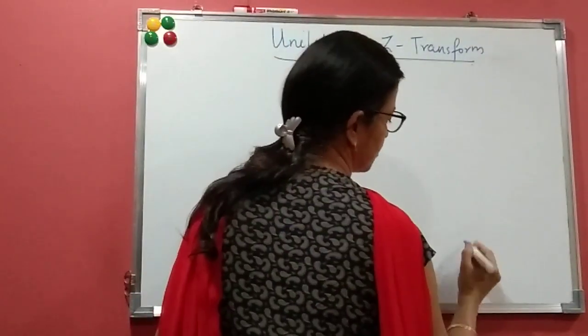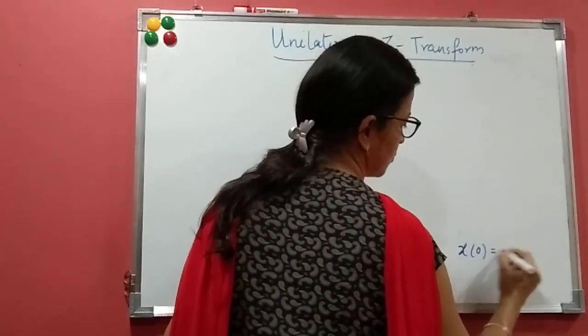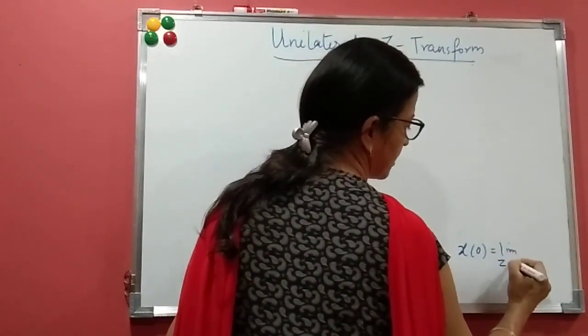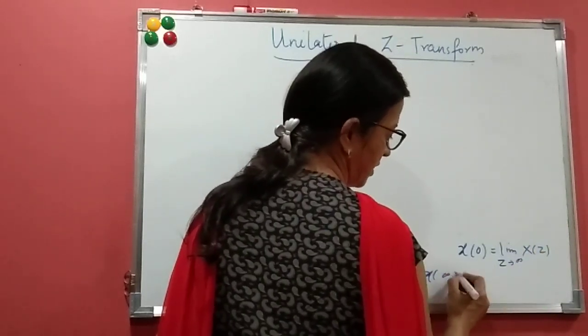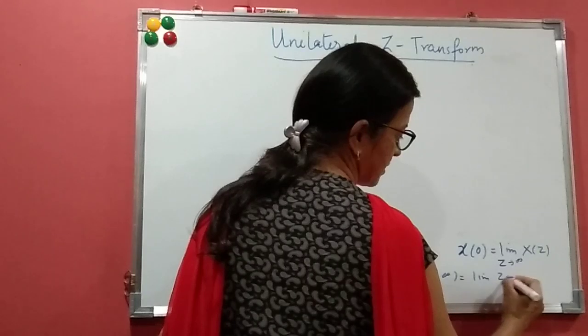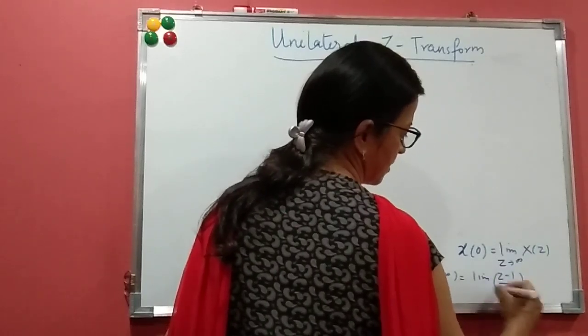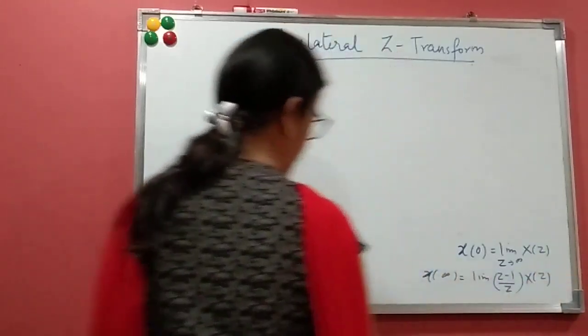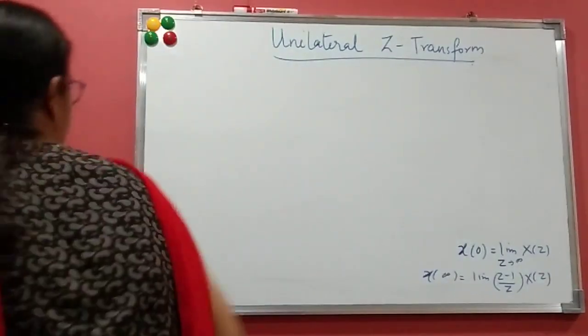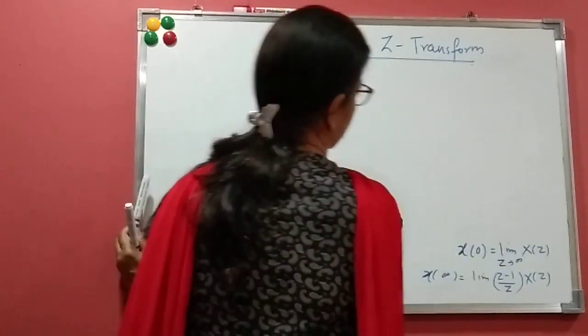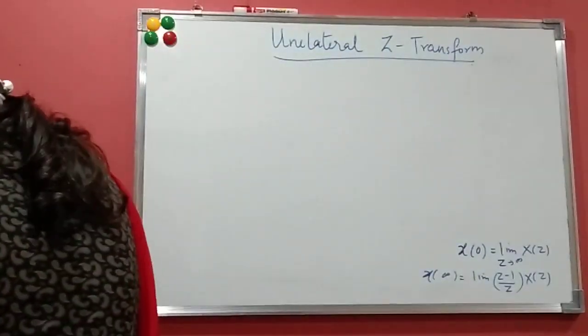It is x of 0 equals limit z tends to infinity of x of z, and x of infinity equals limit z tends to 1 of (z minus 1) upon z into x of z. So this is the initial value theorem and this is the final value theorem. We'll solve some problems.